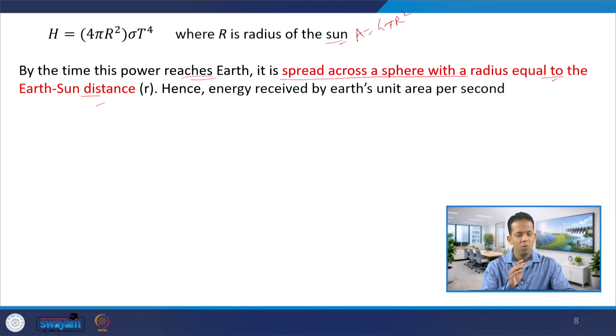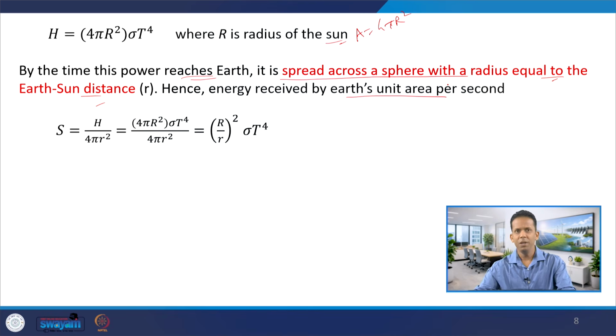So while it is spread over all this distance, the energy received by Earth per unit area per second would be whatever energy is transferred upon the sphere with the radius r, that is 4 pi r square. H value is given to us as 4 pi r square sigma T to the power 4. Now this 4 pi can be struck off. What we would get is R upon r square sigma T to the power 4.